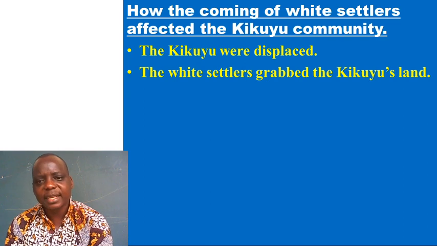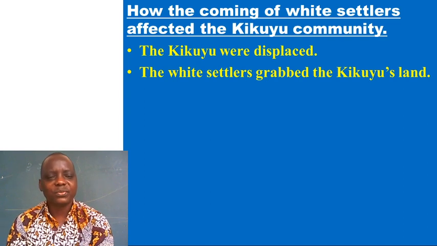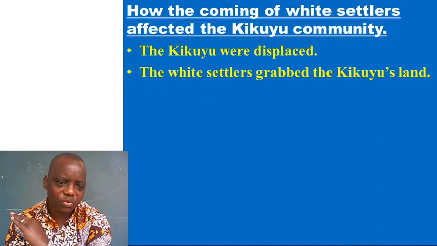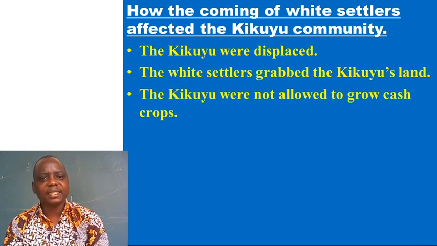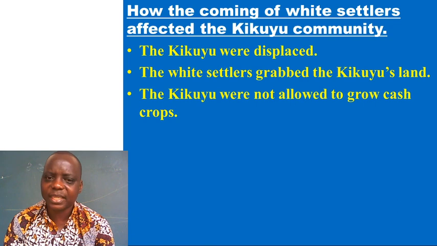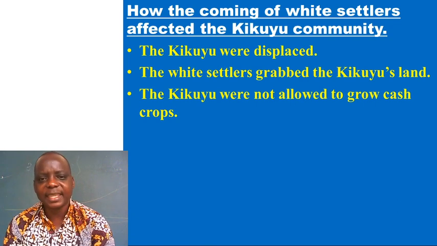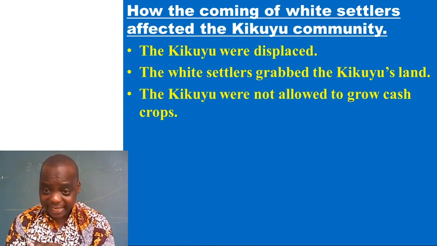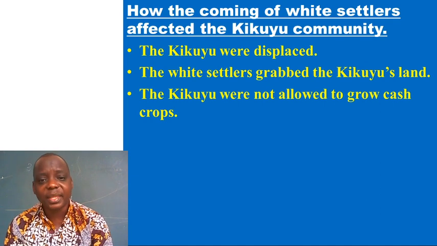Two, the white settlers grabbed the Kikuyu land. The Kikuyu land, which was fertile, that is the Kenya Highlands, was grabbed from them. So that was a negative effect on the Kikuyu, who were the Kenyans. Even up to now, they're still Kenyans.